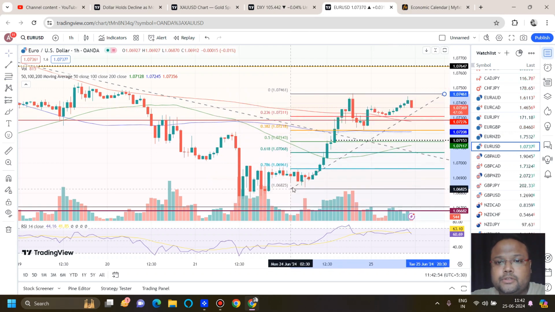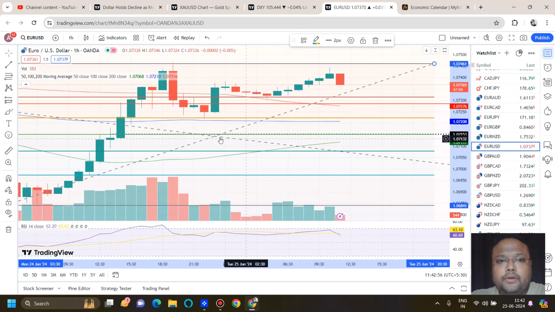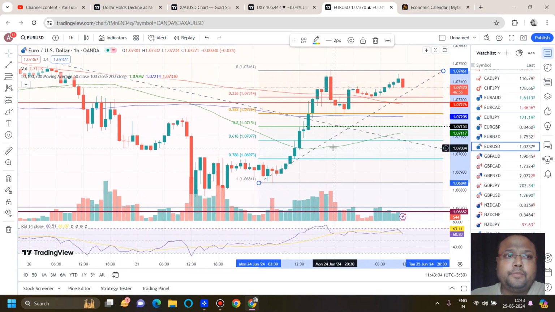You can see we have this FIBO here, and we will also be having the 50 moving average around the same area. So these are the only two trading opportunities that I see on the chart of Euro USD. And if the market changes its nature by the European session or US session, then you can obviously follow the trend of the market and react accordingly.